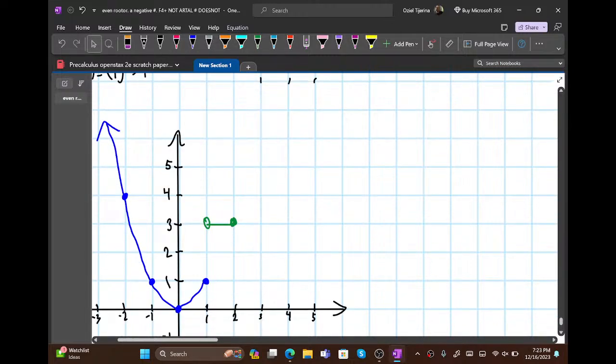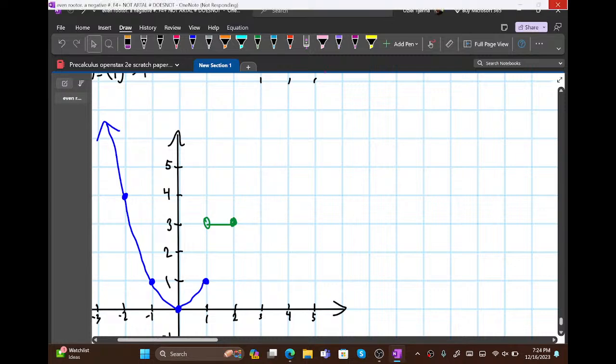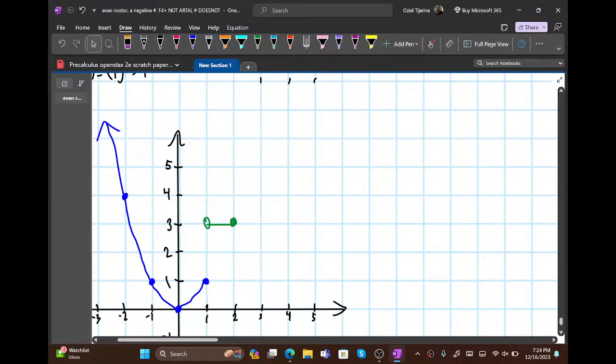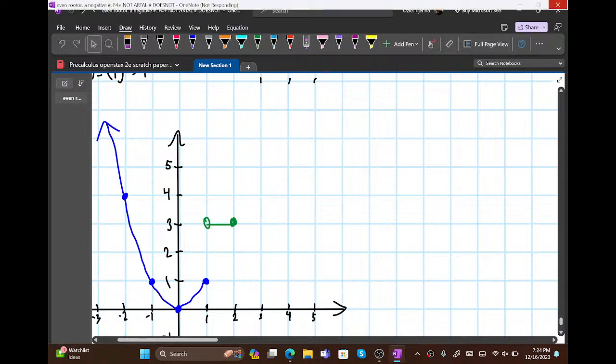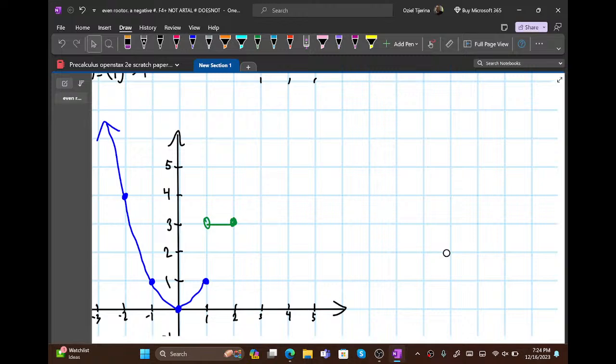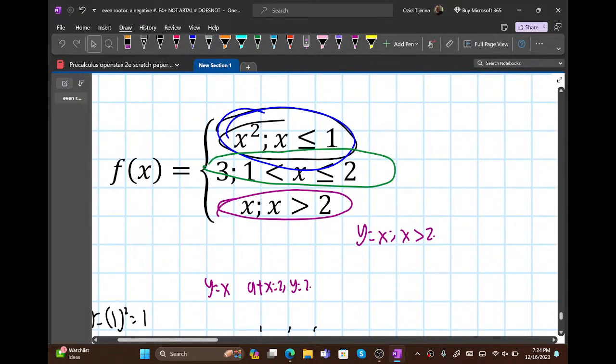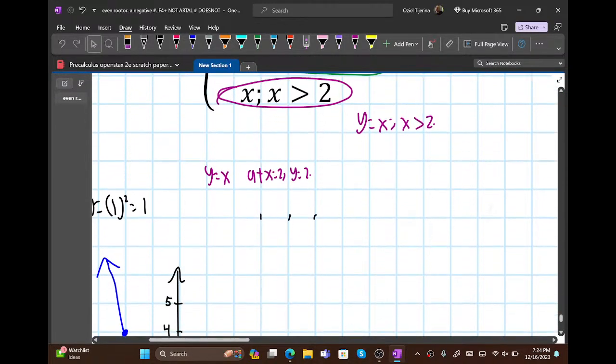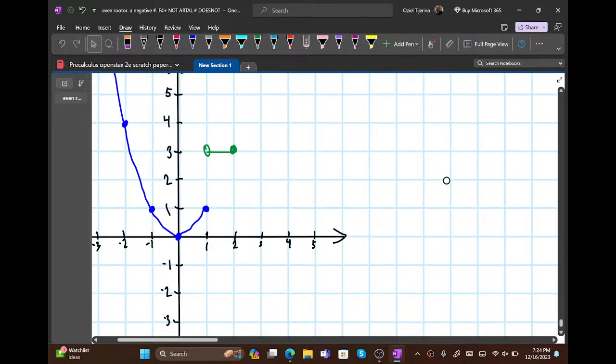I believe it's going to go like this. It's going to go something like this, an open circle at 2.